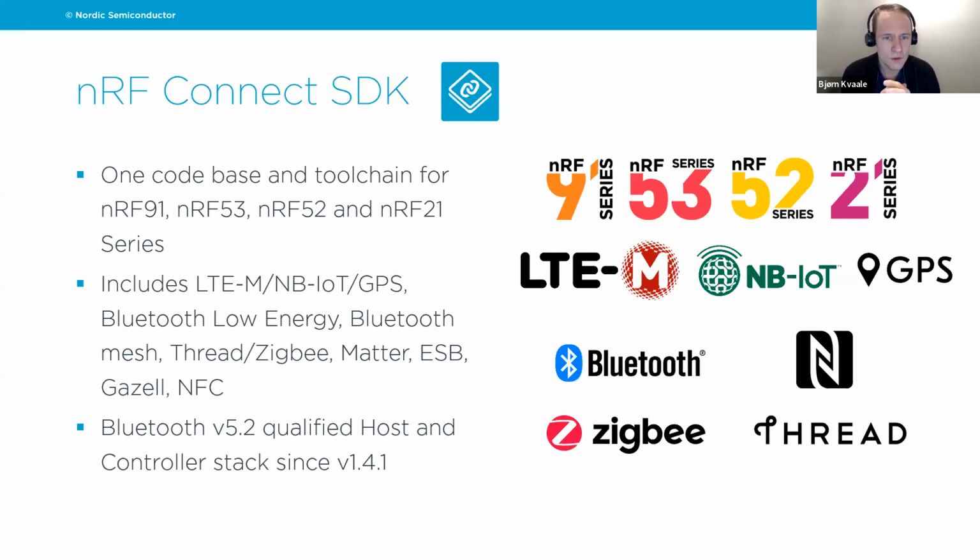And the nRF21 series, that's our RF front-end module for 2.4 gigahertz range extension. I mentioned most of these protocols already, and we also do have a Bluetooth version 5.2 qualified host and controller stack since version 1.4.1 of the nRF Connect SDK.